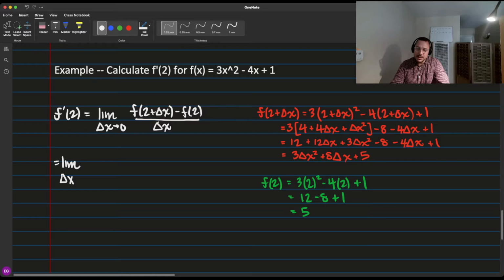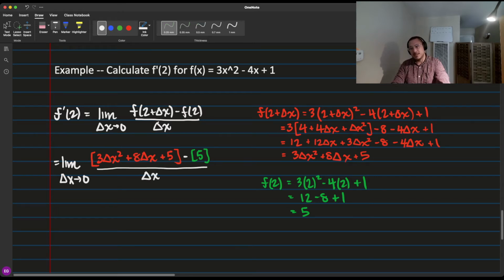So we get limit delta x goes to 0. f of 2 plus delta x becomes 3 delta x squared plus 8 delta x plus 5, minus f of 2, which is 5. All of this is over delta x. Okay, now notice the 5's cancel.